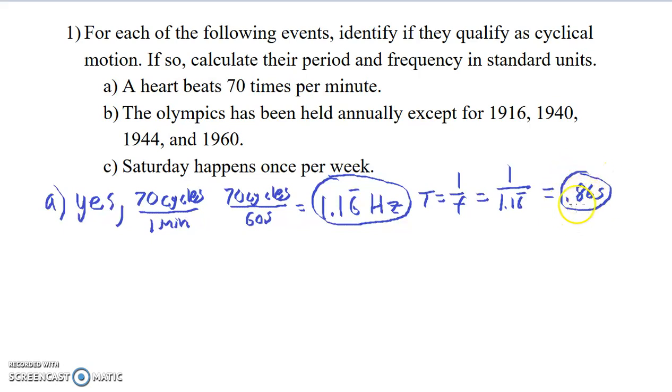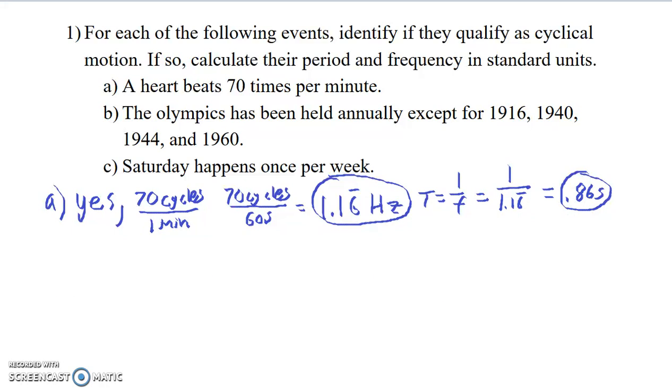And that makes sense, right? Because it's 70 times a minute, it takes a little bit less than a second for it to happen. So again, that's the first one, frequency and period for the heart beating.